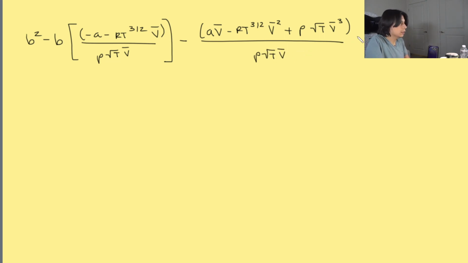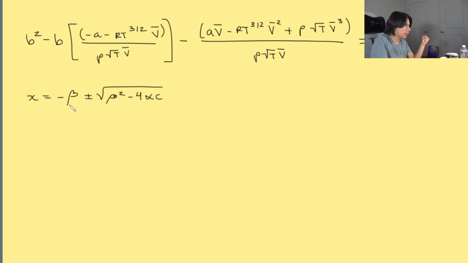Okay, and of course it equals 0. So we are going to now plug all of this into the quadratic formula. I'm going to recall that the quadratic formula equals negative beta plus or minus the square root of beta squared minus 4 alpha c all over 2 alpha.